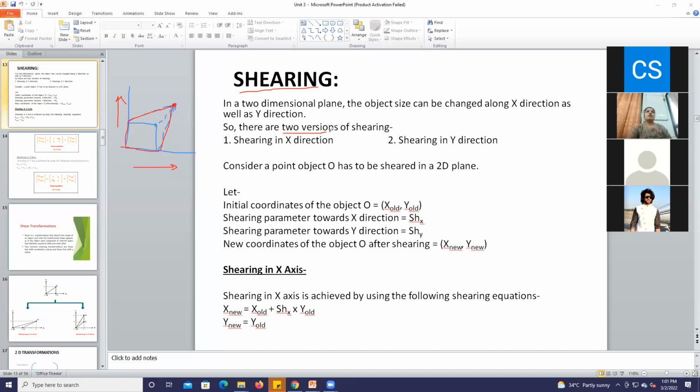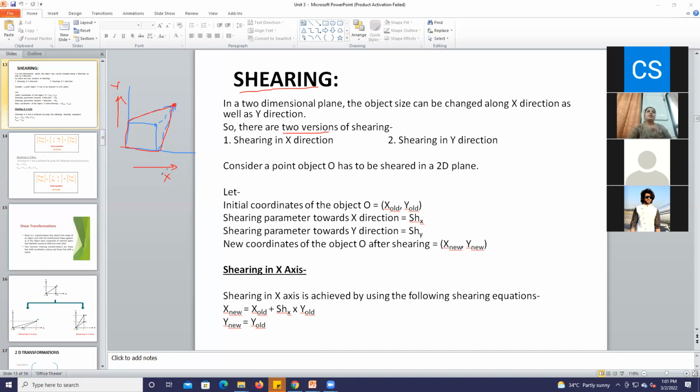So there are two versions of shearing. Just now I told you, along the x-axis and along the y-axis. So shear in the x direction, shear in the y direction. Okay. So consider the original coordinates of the object are x old and y old.